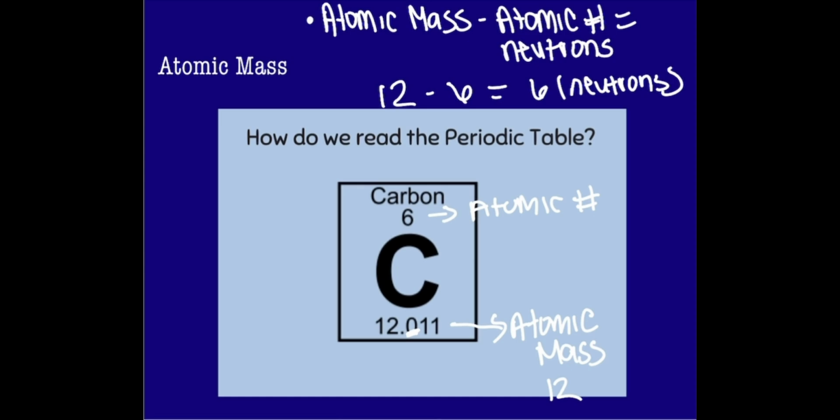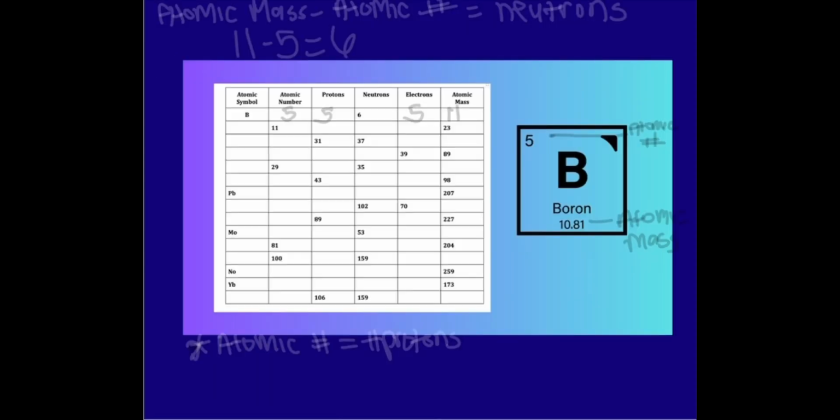All right, so let's go ahead and do an example within a chart. To your right, you will see that we have boron for our first example, okay? So this chart is asking us to identify the atomic symbol, the atomic number, the number of protons, the number of neutrons, the number of electrons, and the atomic mass.